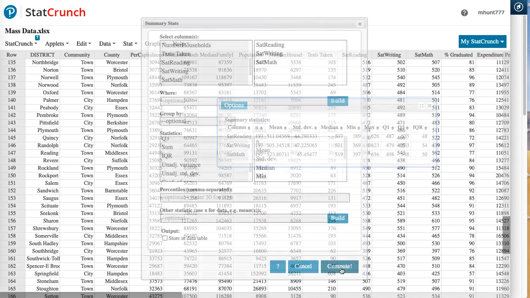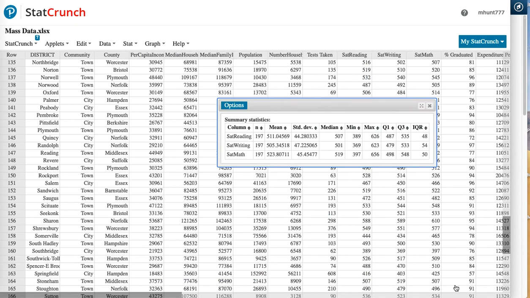So if number crunching and summary stats is all I want, there it is in one big beautiful table, the summary stats for reading, writing, and math. Again, if I look at the standard deviations, they're comparable. Seems like there's not that much difference in the variability of those 3 tests.